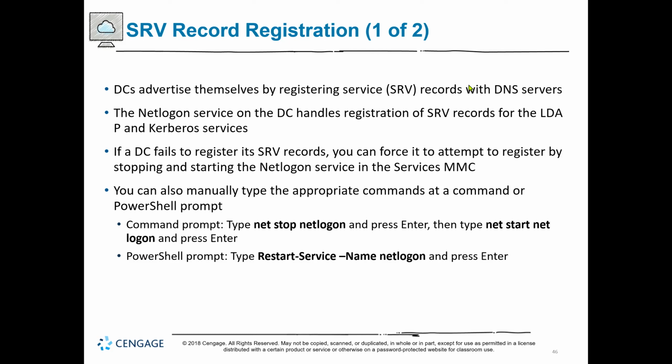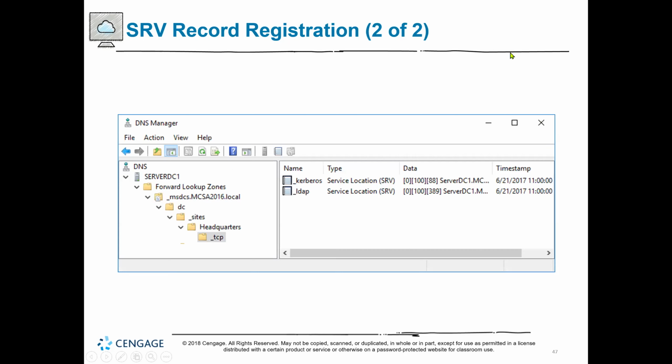For the command prompt, type net stop netlogon, too many nets there, and press Enter, then type net start netlogon. In PowerShell, Restart-Service -Name netlogon and press Enter. So here is your example of what that looks like in your registration.